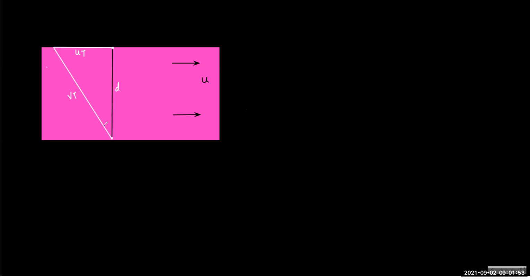So everything is obvious from this triangle. You can get the answer in one line. You can use Pythagoras to get the answer. So you can say (Vt) whole square equals (Ut) whole square plus G square. If you solve this, you get the answer. And also you can see sin theta is u by v. So all the answers we can derive from here directly using the Pythagorean triangle.